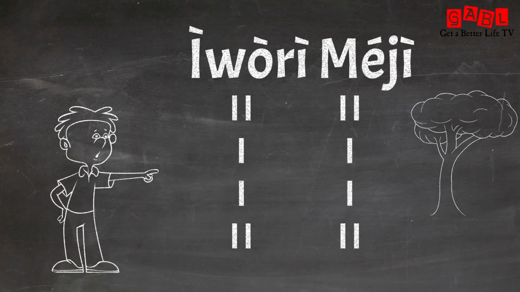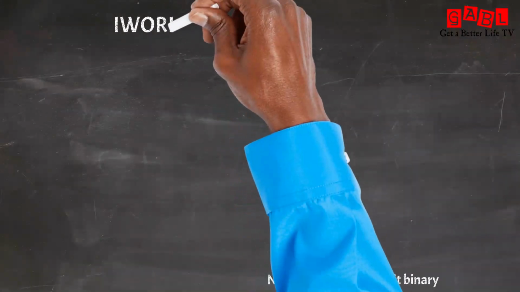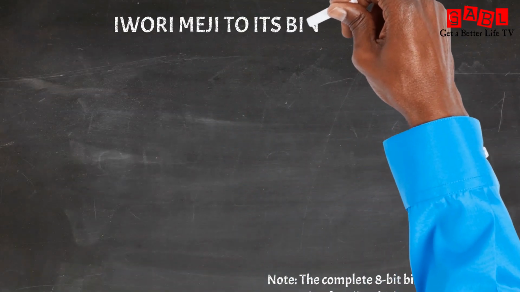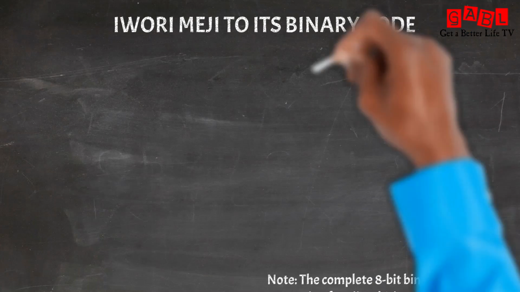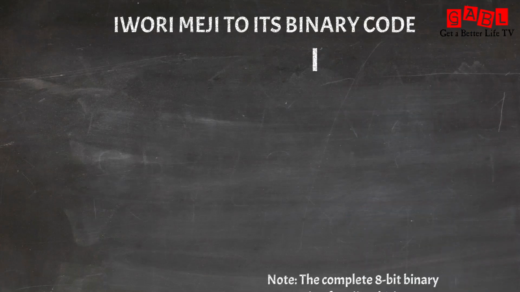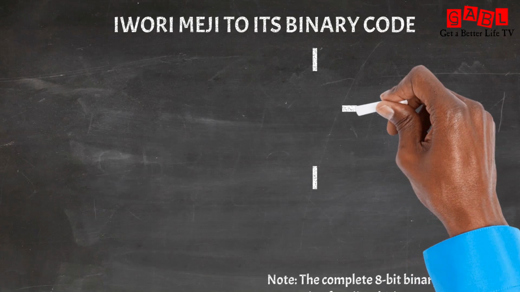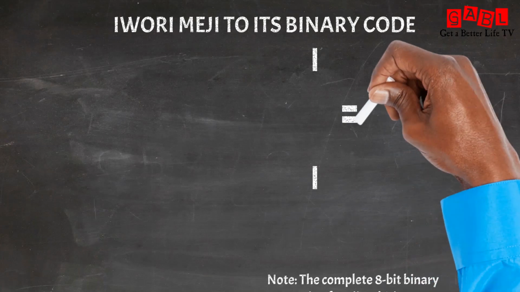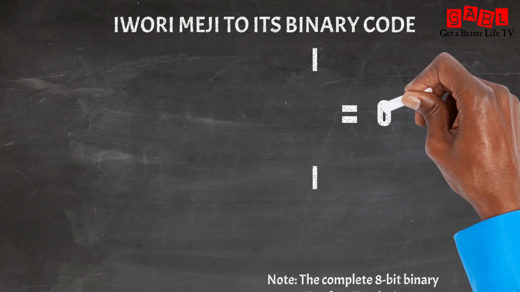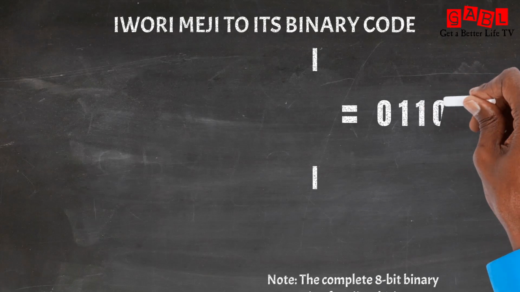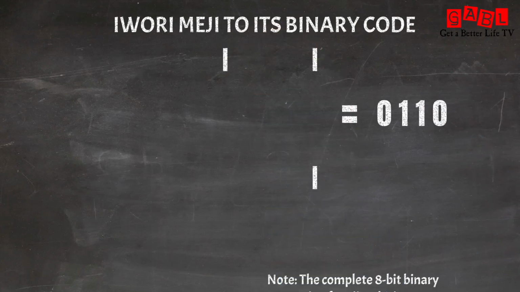Here is the pattern for Iwori Meji, as you can see on the screen. Converting this to binary, the right column from top to bottom has double line, single line, single line, double line. This translates to 0, 1, 1, 0.